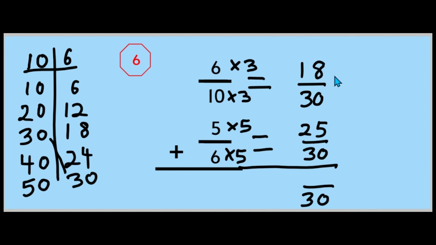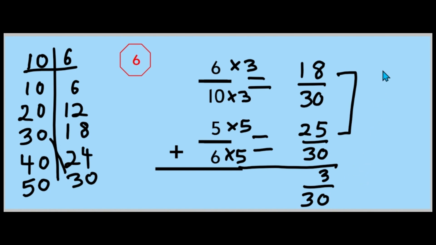All right. So now all I have to do is add the top numbers, my numerators. So let's do it the nice and simple way. 18 plus 25. 8 plus 5 is 13. So I'll write a 3 right here. Okay?